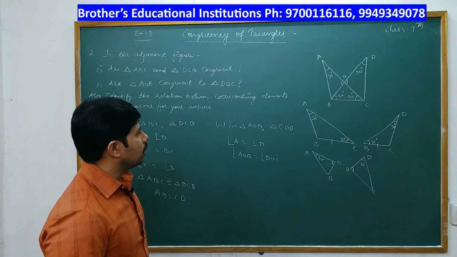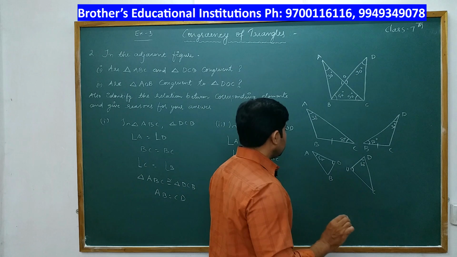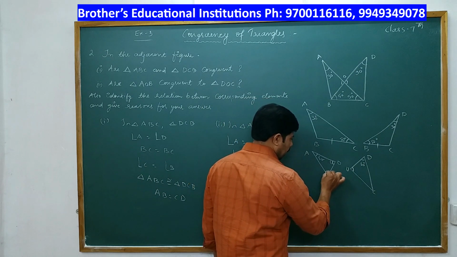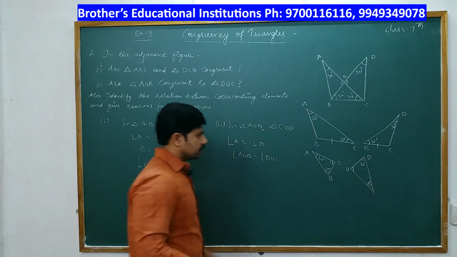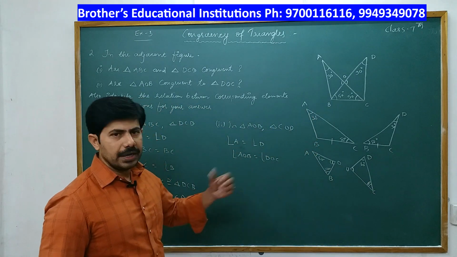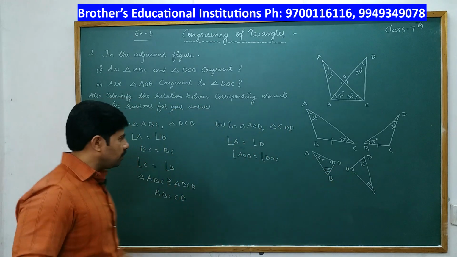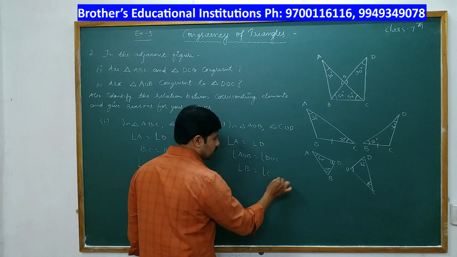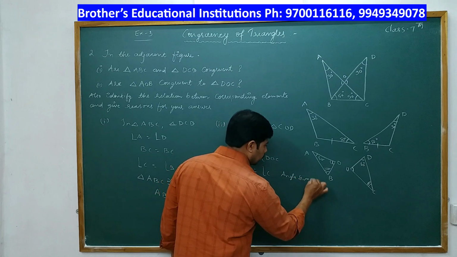So one more angle is nothing but, according to angle sum property, we can say angle B is equal to angle C because angle A 30, angle D 30, angle O are equal. So according to angle sum property we can say angle B is equal to angle C. Here the reason is angle sum property.